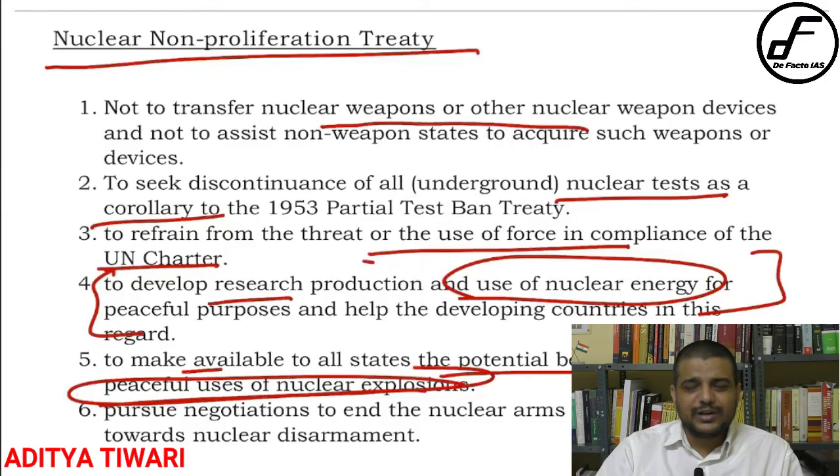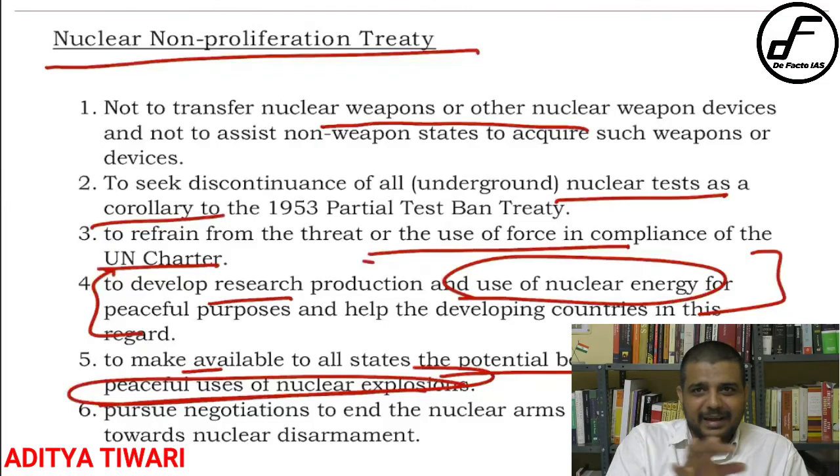That is not the case. That is not how science works. So this is a contradictory statement. If there is a nuclear explosion, it is impossible for it to be peaceful, but still they have tried.